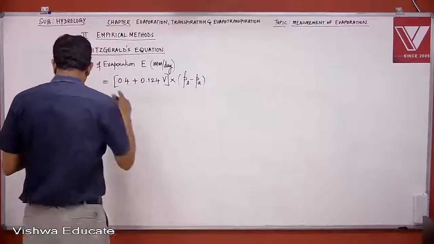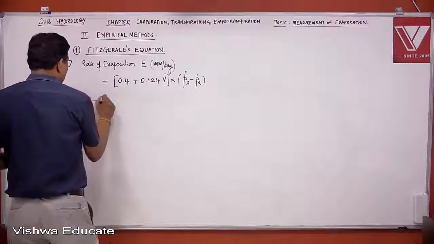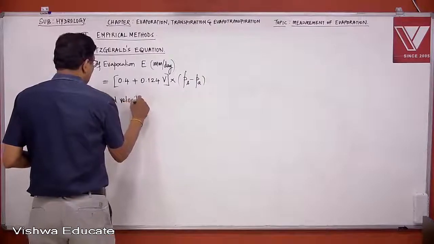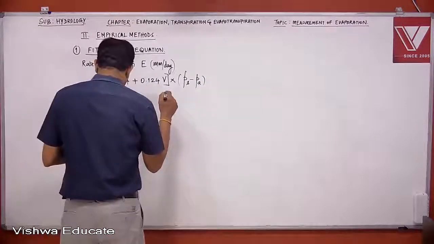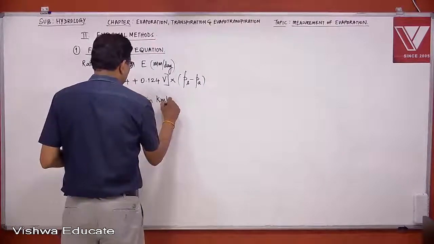Then here you can see this V is the wind velocity in kilometers per hour.